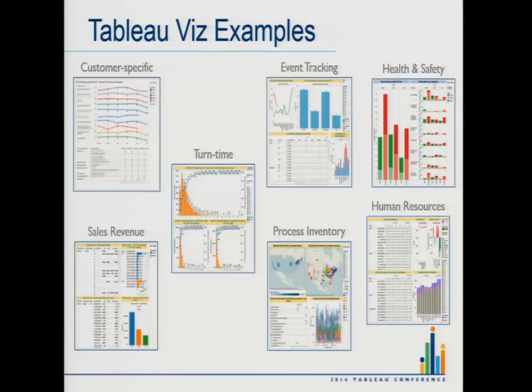Event tracking, that's the major one that required me to get into validation of Tableau. Event tracking is tracking our customer complaints, our nonconformities, and audit findings, anything that needs to be tracked from a quality perspective.